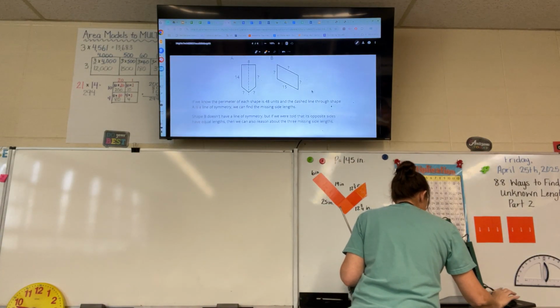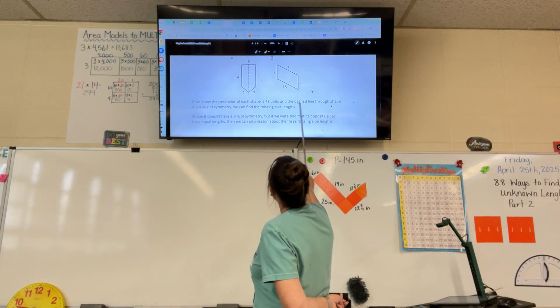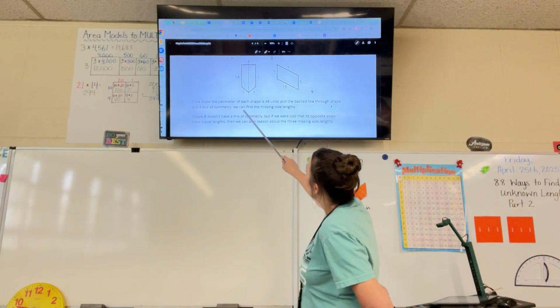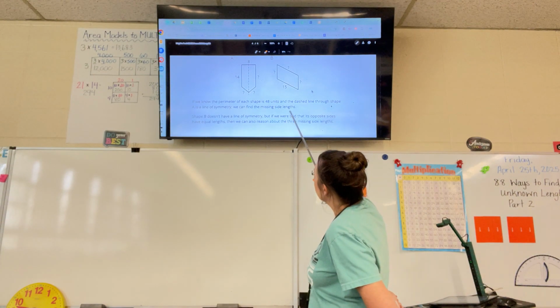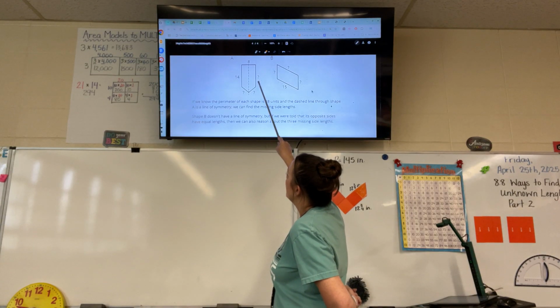For example, here are 2 shapes. If we know the perimeter of each shape is 48 units and the dashed line through shape A is a line of symmetry, we can find the missing side lengths. What would this side be? 14.